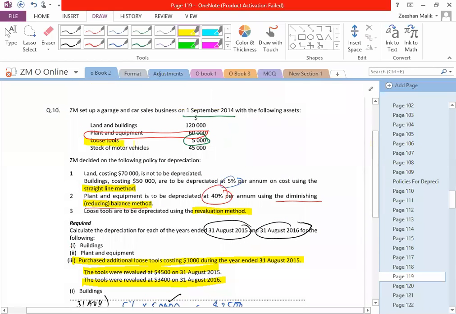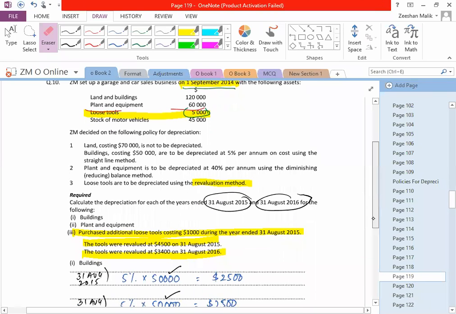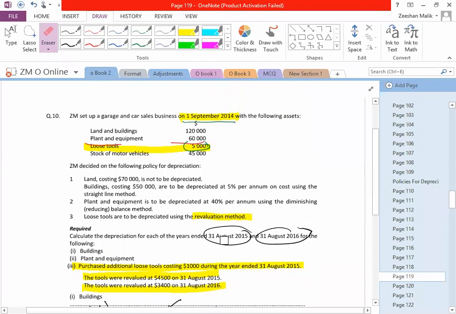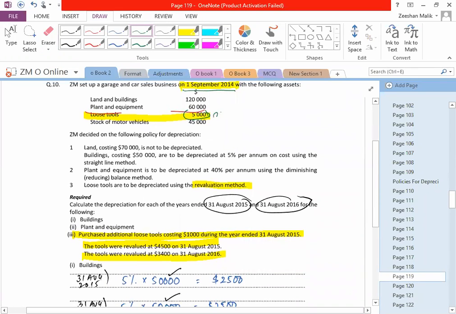Here we have the loose tool information at the start of the year. I'm just marking the revaluation. It was 5,000 at the start. This is the opening value.